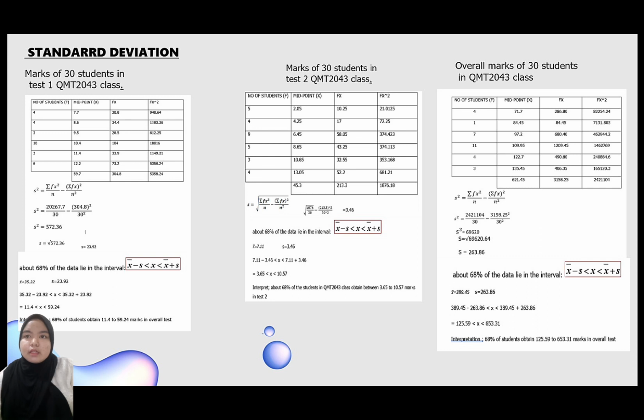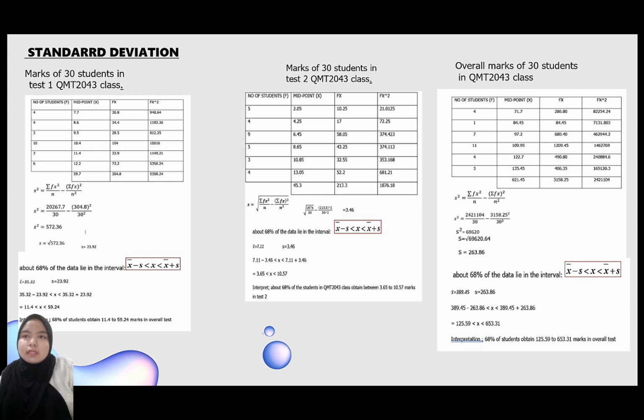Standard deviation for the overall mark of 30 students in the QMT 2043 class. The formula sums test 1 and test 2. We got S for the overall mark as 263.86.